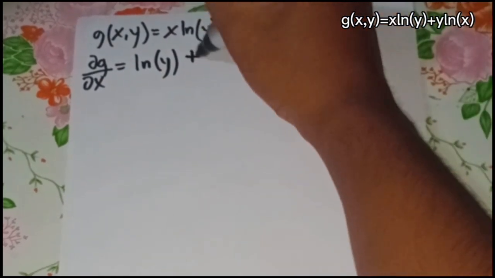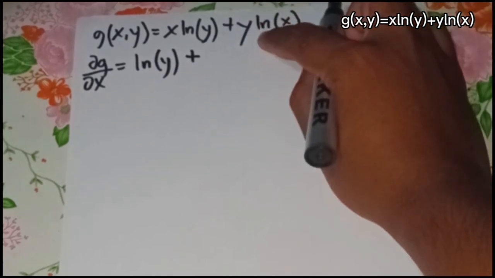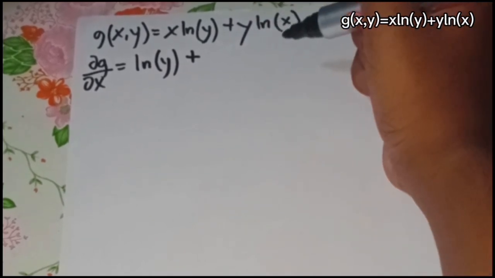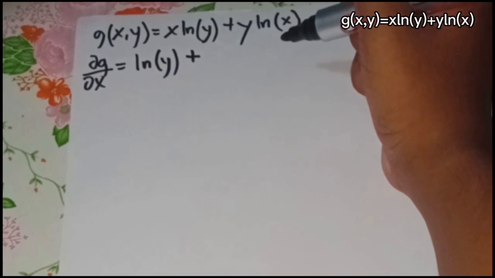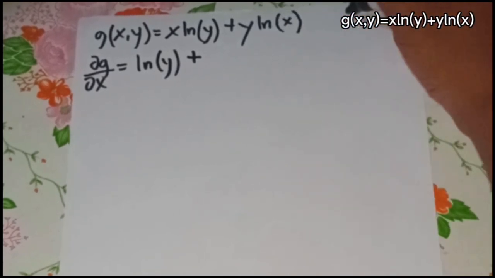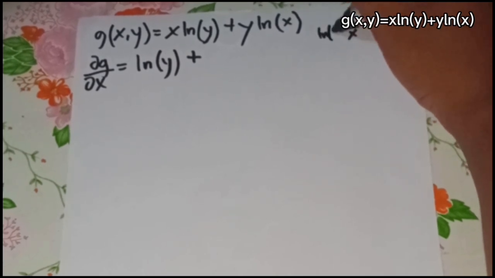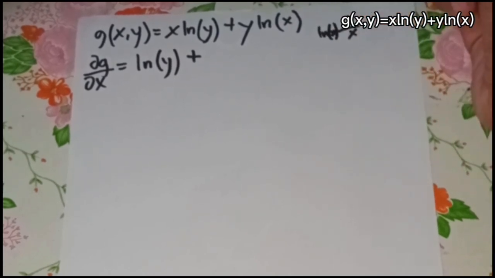Plus, here y is treated as a constant, so this term requires the derivative of ln x with respect to x, which is 1 over x.